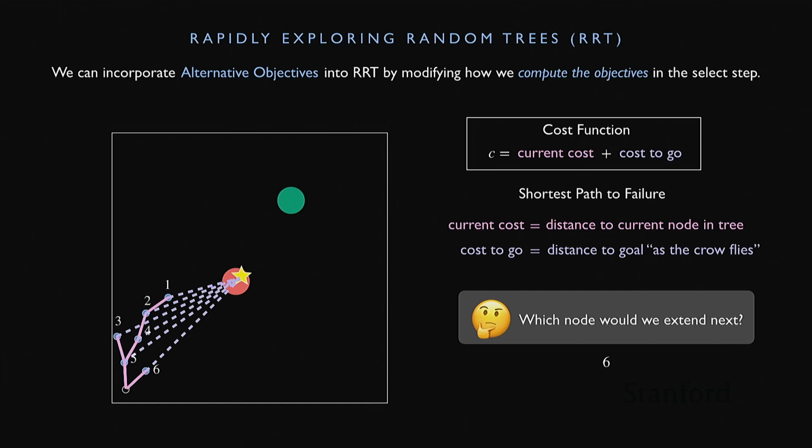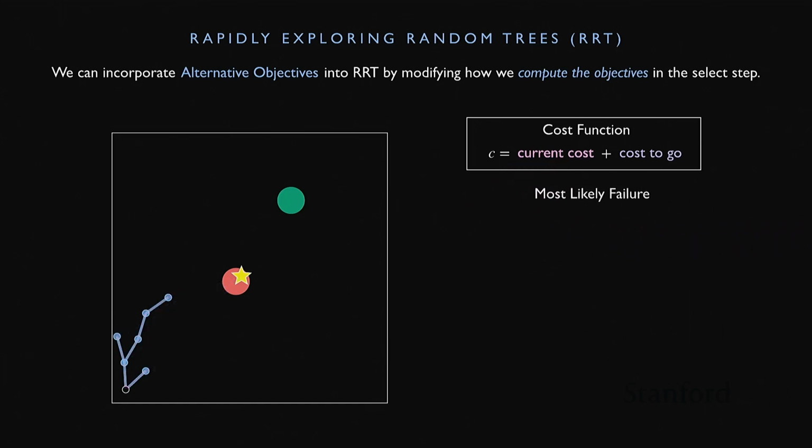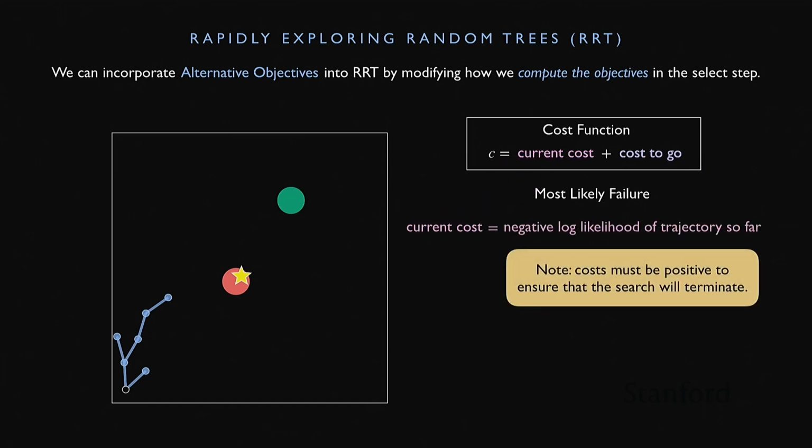Okay, so that was if we want the shortest path to failure. But now, as many of you have been wanting to know, how do we find the most likely failure? For most likely failure, our current cost is just going to be the negative log likelihood of the trajectory so far. Remember, we need a cost, something that we want to minimize, so we need the negative log likelihood for this.